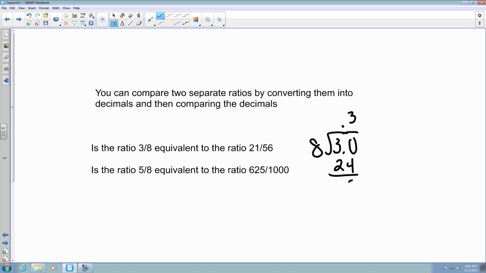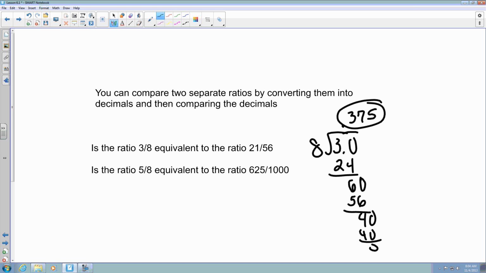I'm just doing the long division to help me determine what decimal these two fractions will become. This becomes 4, that's another 0, and that's 5. So the decimal for 3/8 is 0.375.